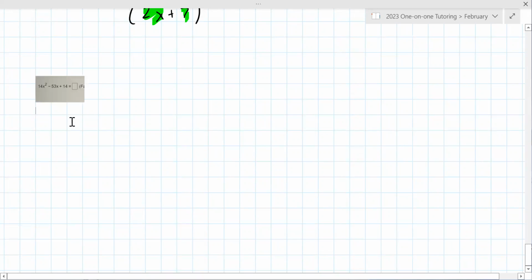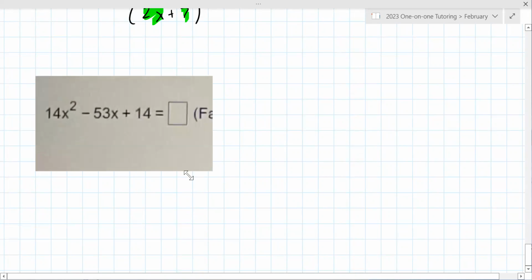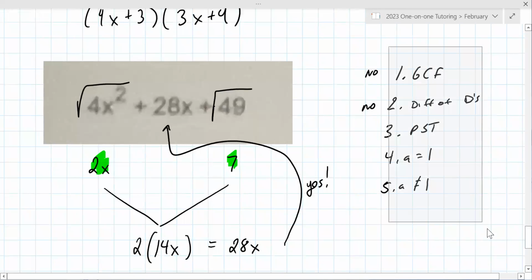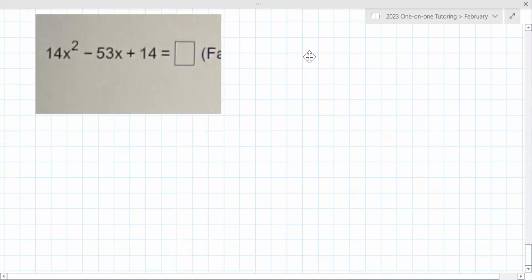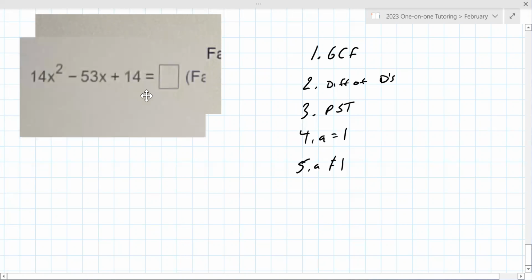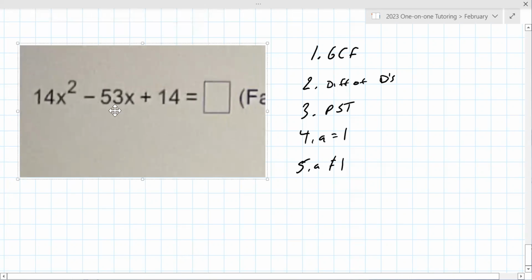Okay. So last one here of the ones you sent. Again, that list is really super important to go down when you're working on these. You don't have to write it down, but you have to have a mental checklist. This one could look like a GCF, but that 53 is not going to work out.